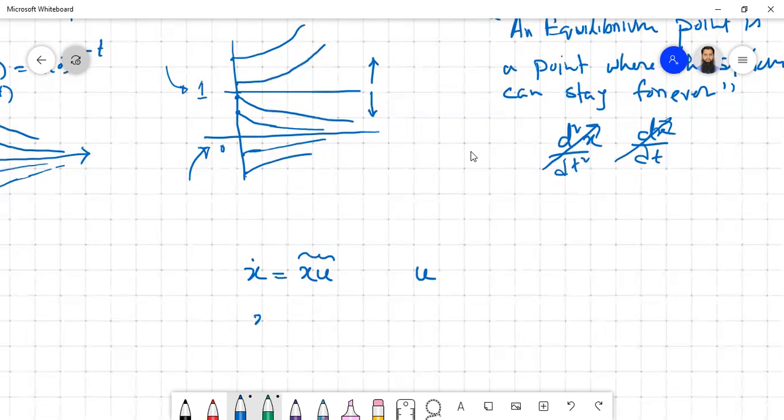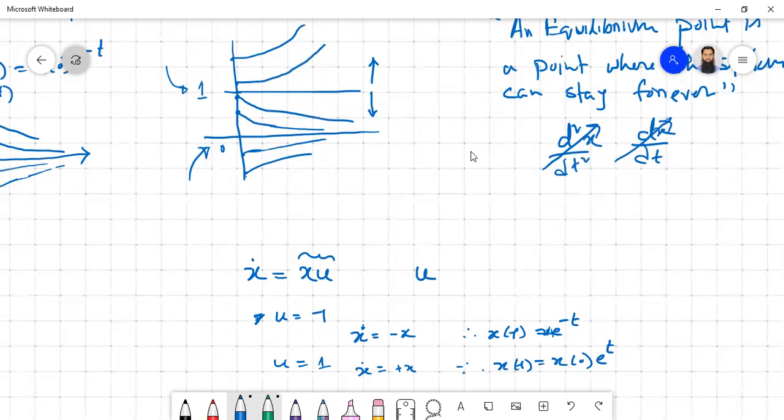So let me give you an example. Say if our u equals -1, then what we have is x dot equals minus x. We already solved this one, which has a solution x(t) equals e to the power minus t, and don't forget your initial value, x0. But if your u is now 1, then we have x dot equals plus x, and now it gives x(t) equals x0 e to the power t.